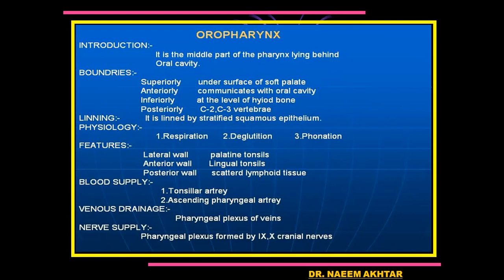Blood supply of the oropharynx comes through tonsillar artery and ascending pharyngeal artery. Venous drainage is through the pharyngeal plexus of veins. As far as the nerve supply is concerned, pharyngeal plexus, which is formed by the 9th and 10th cranial nerves, serves as nerve supply of the oropharynx.